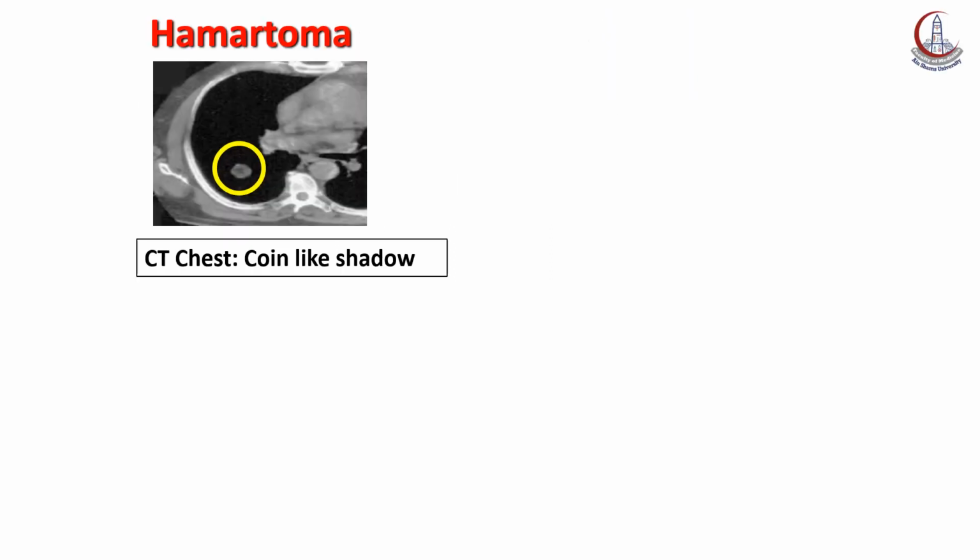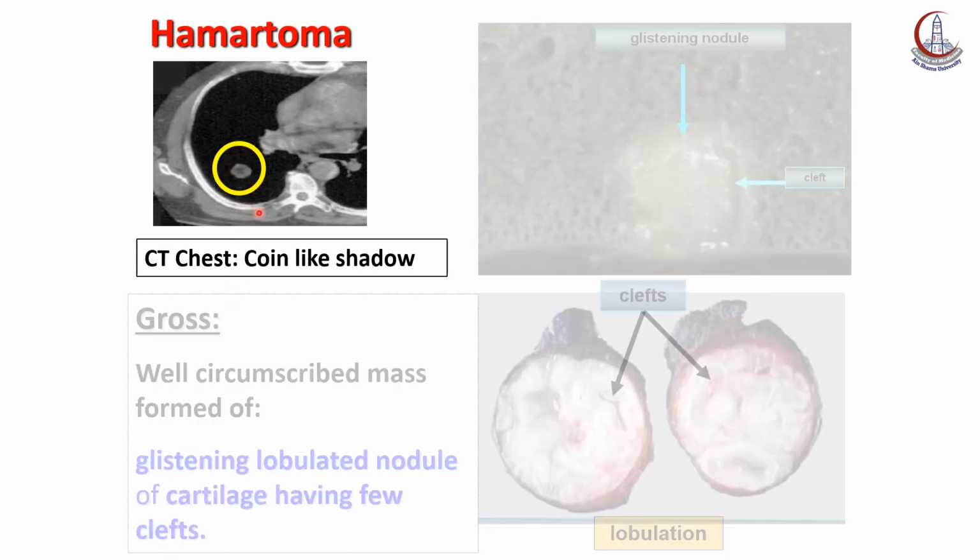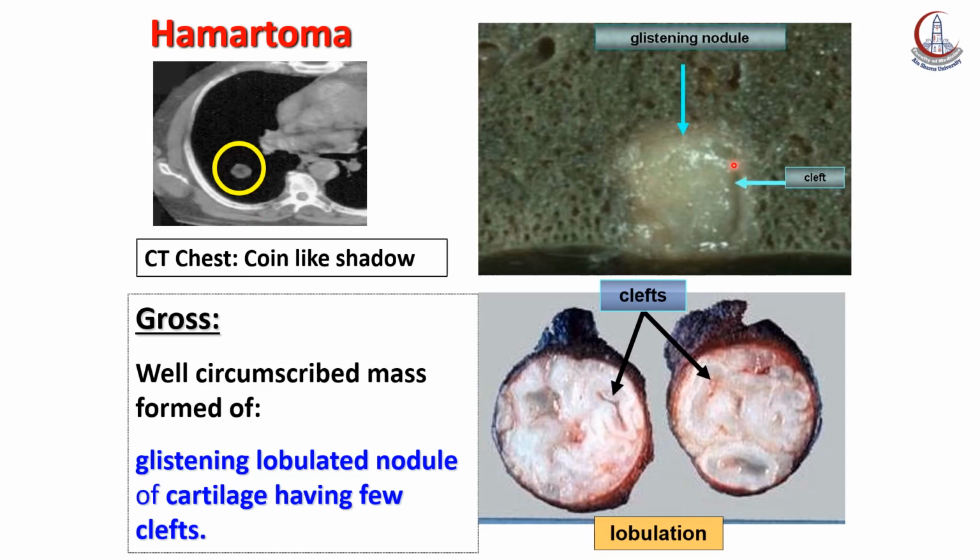This is the CT, showed a coin-like shadow, well circumscribed. Here is the mass inside the circle. This is the gross picture of hamartoma, a glistening nodule, well circumscribed, showing cleft-like spaces here.